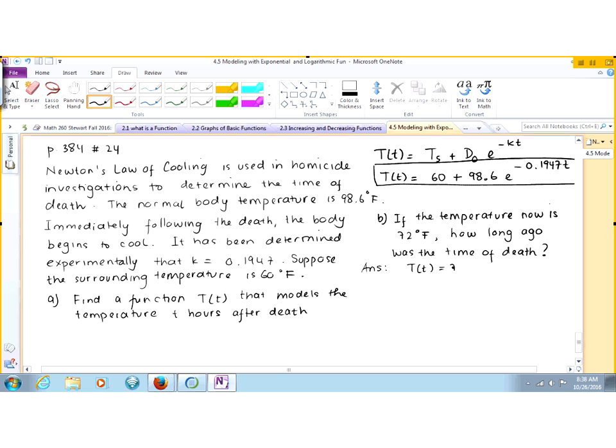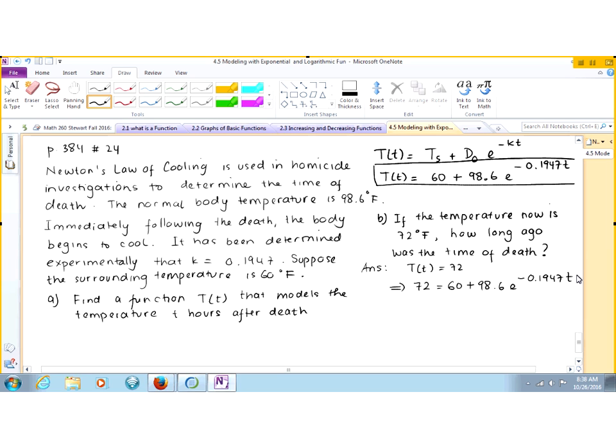T of T is 72 degrees. So we have 72 is equal to 60 plus 98.6 e to the negative 0.1947 t.